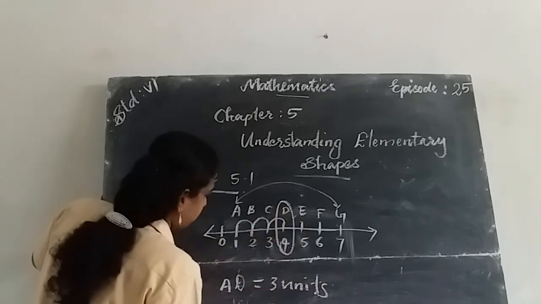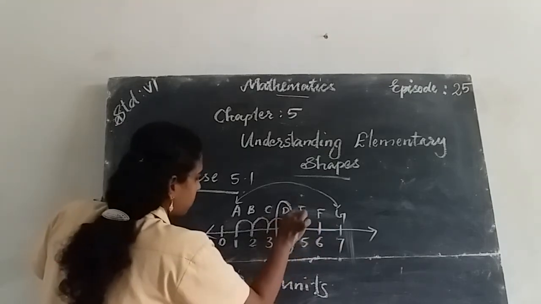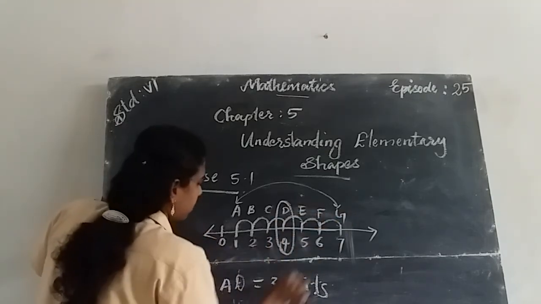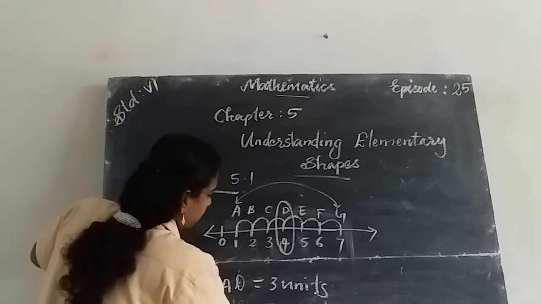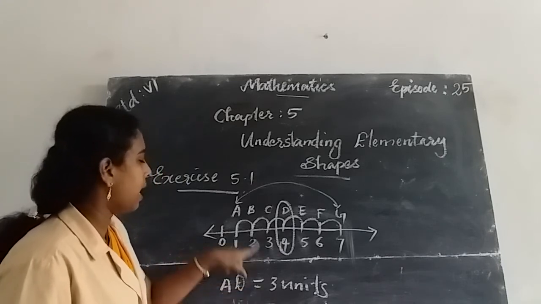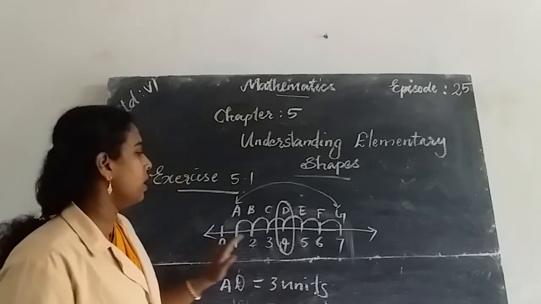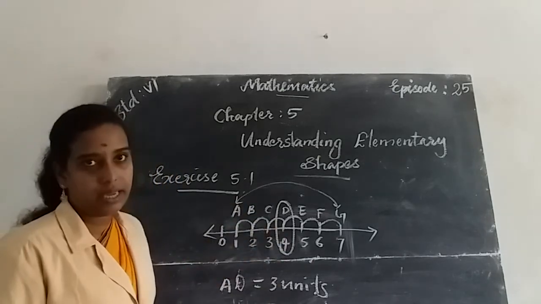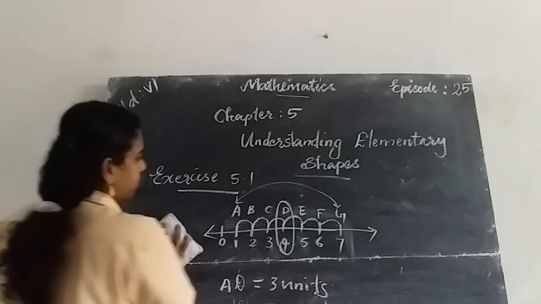From D to G is also 1, 2, 3, equal to 3 units. So AD and DG have 3 units each, so D is the midpoint of the line segment AG.